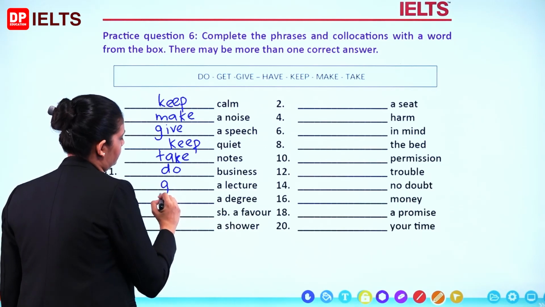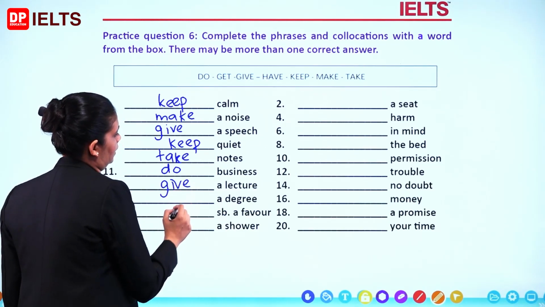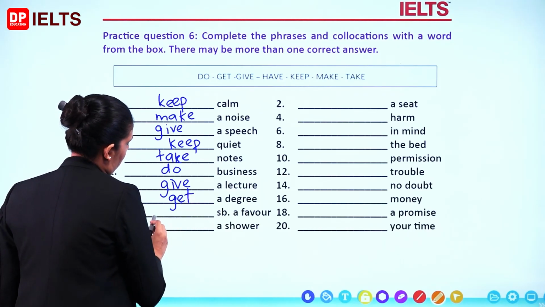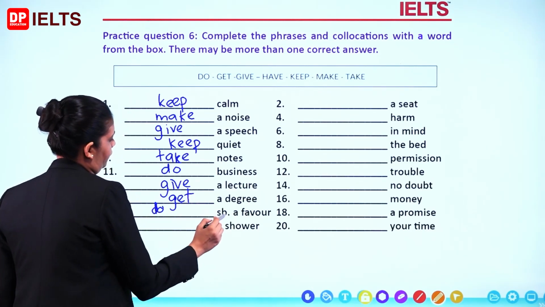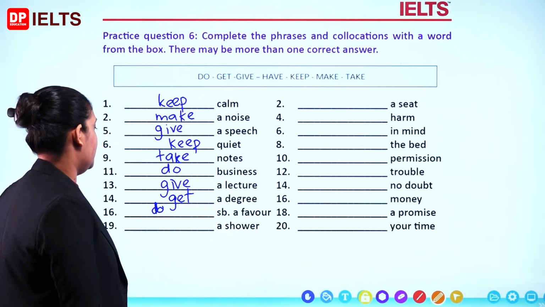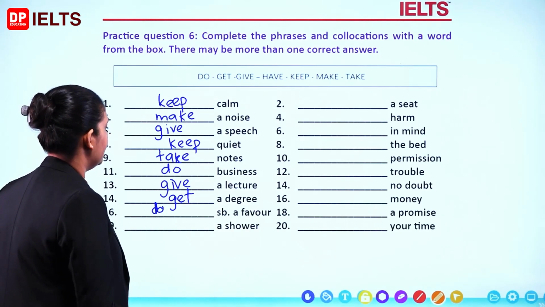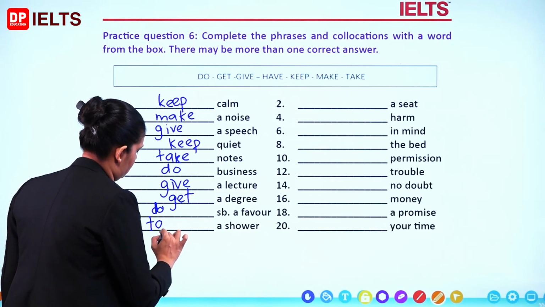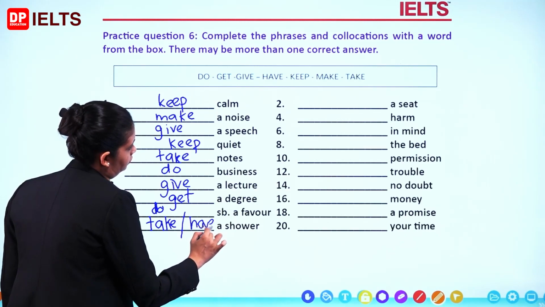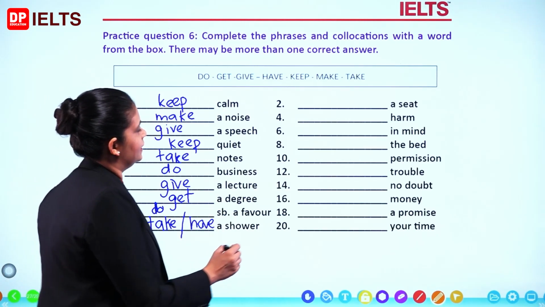Give a lecture. Get a degree. Do me a favor. So you can have a subject, okay? Do me a favor. Do her a favor. Take a shower. Have a shower. Take a seat.